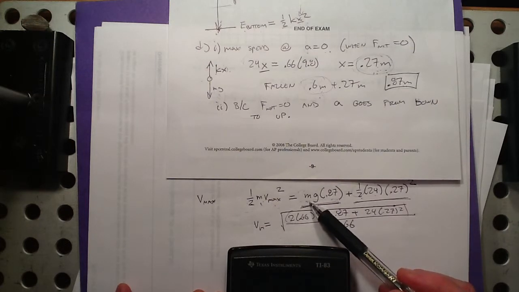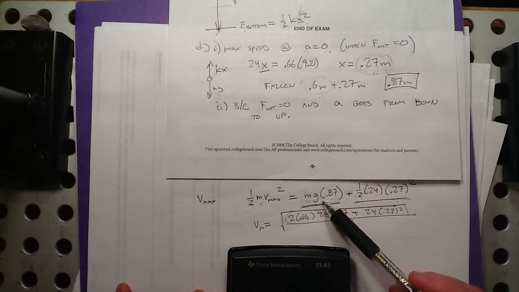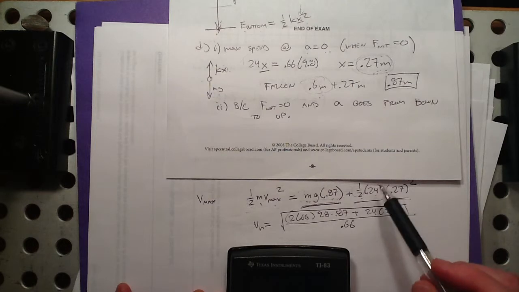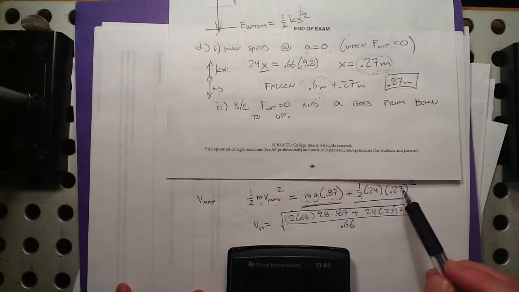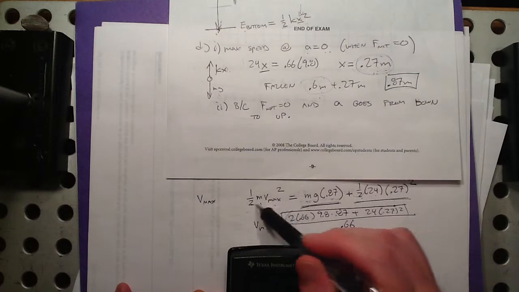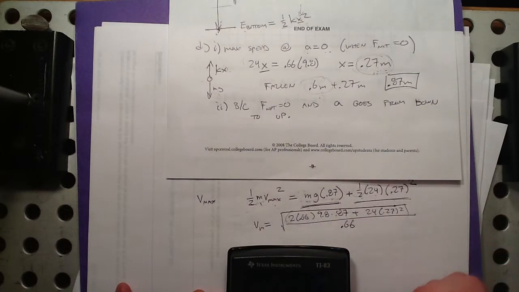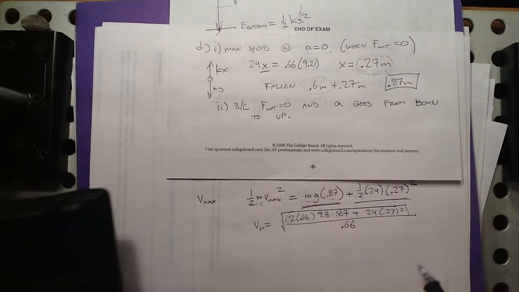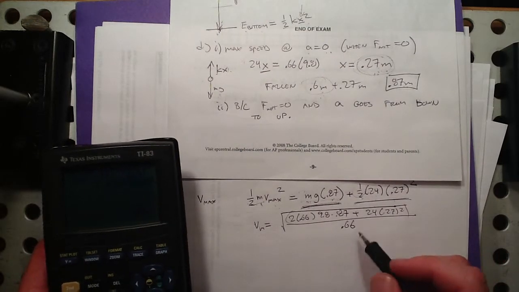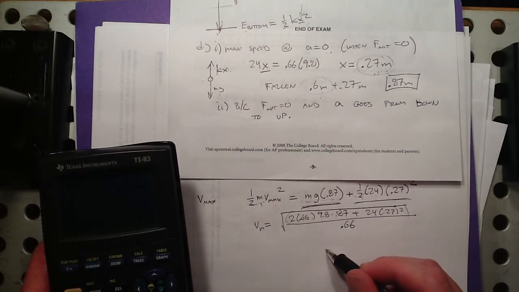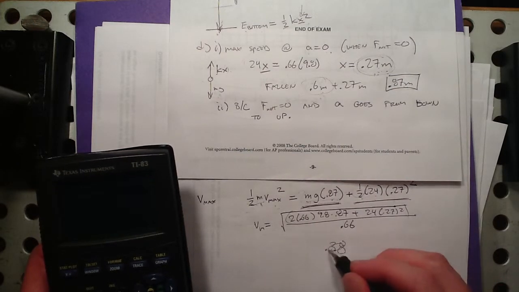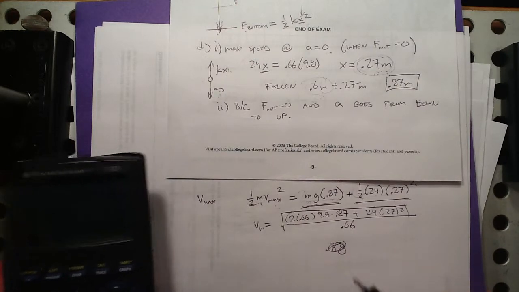The mass is 0.66 times g times h plus, multiplying the 2 over here, cancel that out, 24 times 0.27 squared divided by the mass, and we have the square root of that whole thing. So this is the right idea. We're not getting the right answer. I think we're supposed to get about 3.8, so I'll have to get back to you on that.